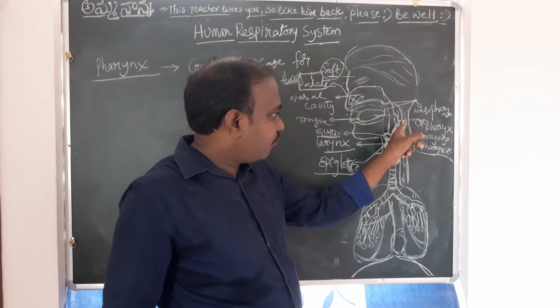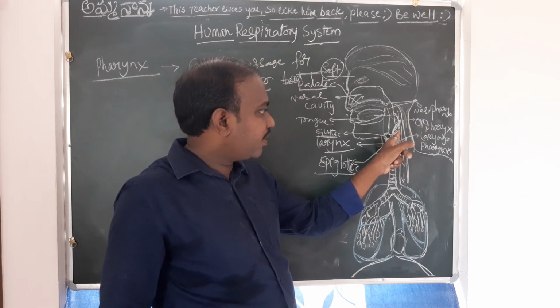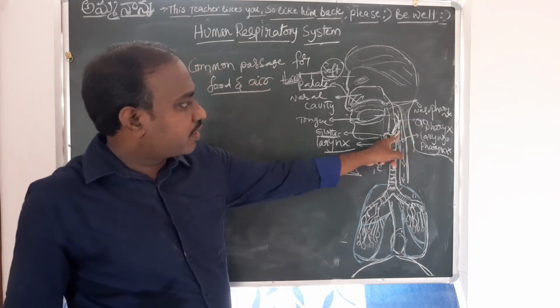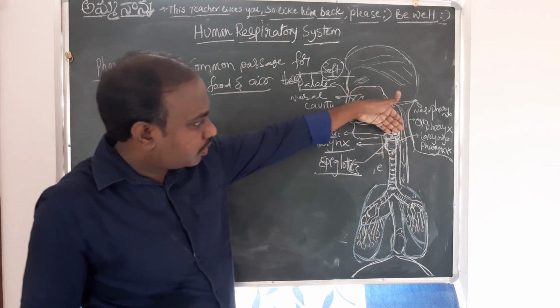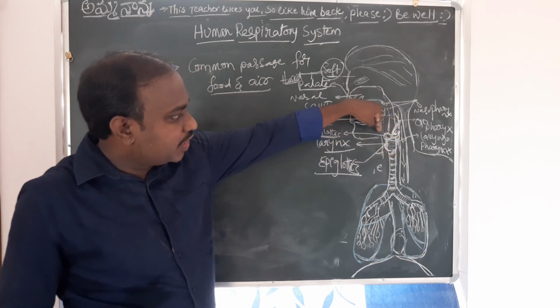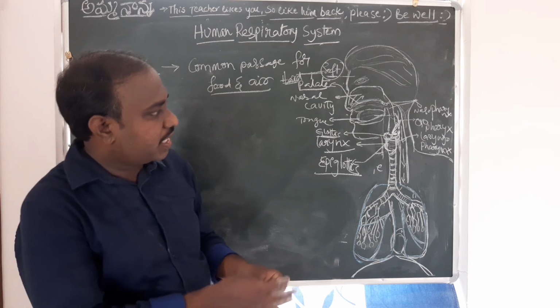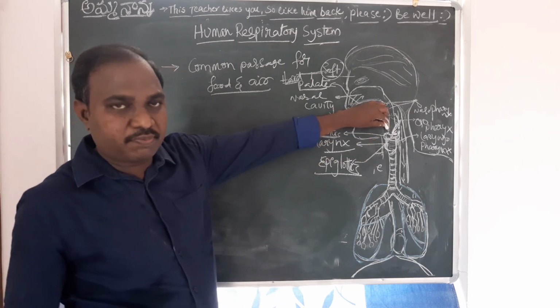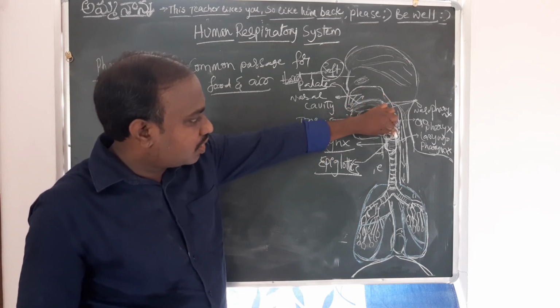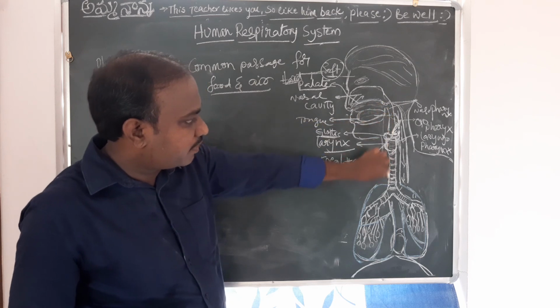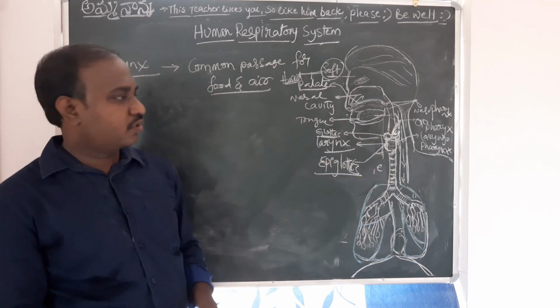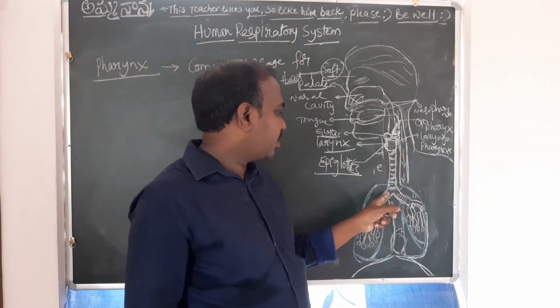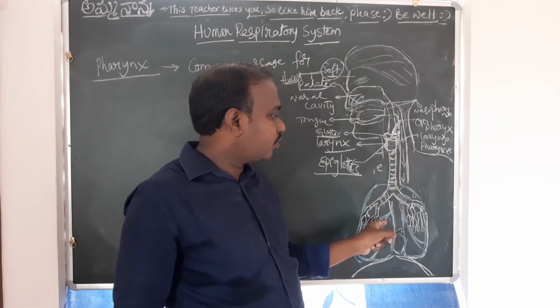As you swallow, this epiglottis slides over this and closes off this respiratory tract, so that the food doesn't go into the lungs.